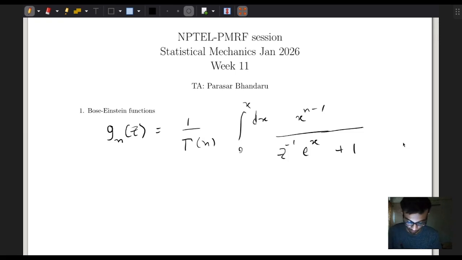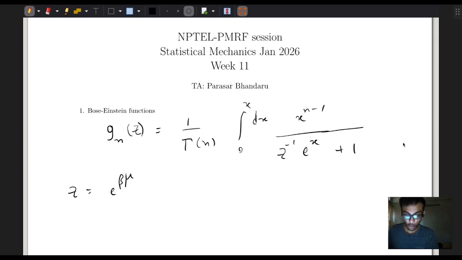So when we apply this formula, when we see this function in the calculations, the z will be as usual the fugacity. It's e to the beta mu.